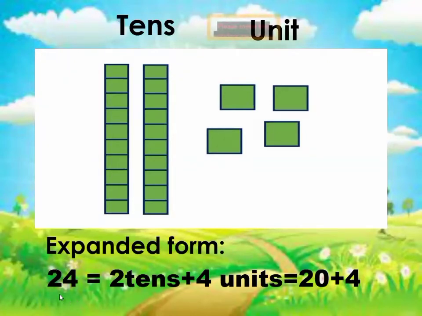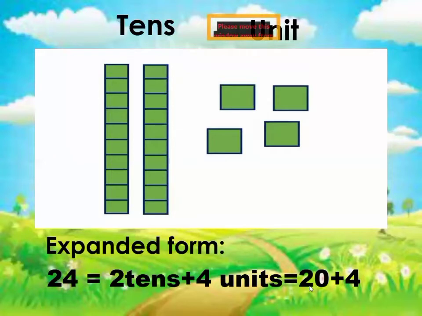So we write the expanded form of 24. Here the number is 24. 2 is in the tens place and 4 is in the units place. So first we write the place value of 2. 2 is in the tens place, so we write here 2 tens plus 4 is in the units place, so we write 4 units. 2 tens means 20, because each rod consists of 10 blocks, and 10 plus 10 is equal to 20.